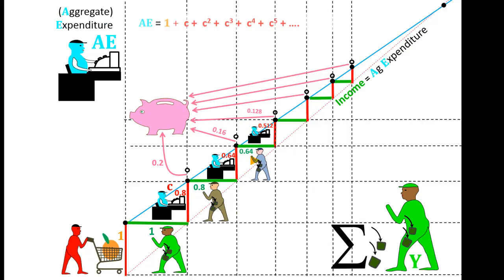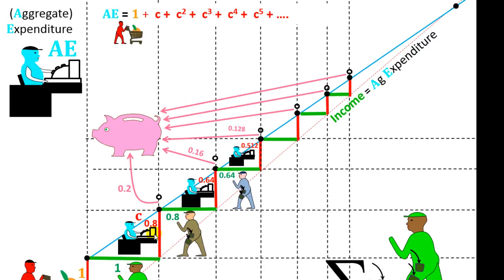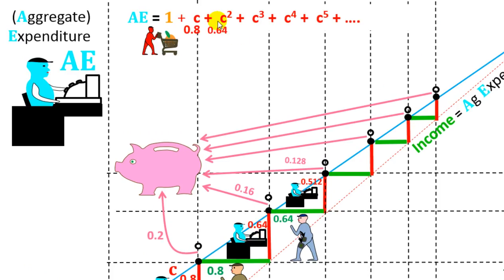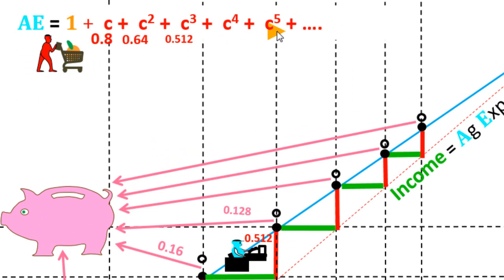So now we are going to see that this is the expression for aggregate expenditure, because we have the initial consumption, which is $1, this $1, plus 0.8, which is C, this one, plus 0.64, which is this quantity squared, 0.8 squared, plus this quantity, etc. And this is a geometric series that converges to this value.